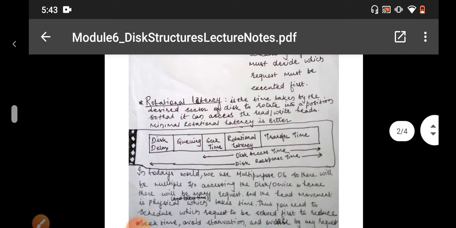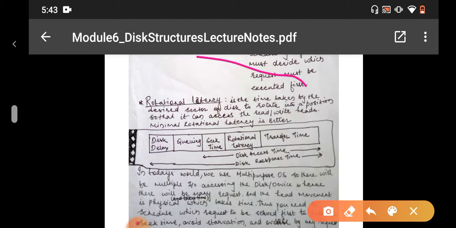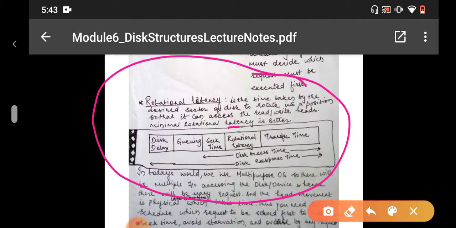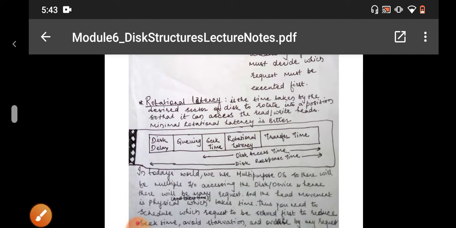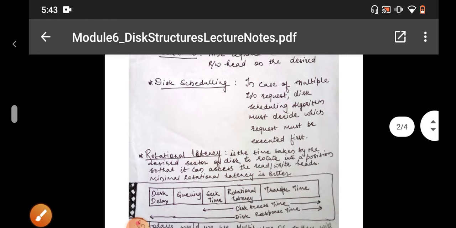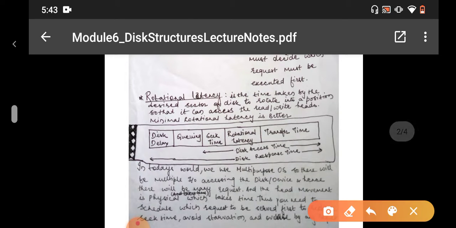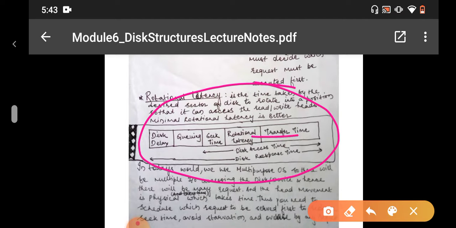Rotational latency. Now we have seen one thing: in this disk, the read write head moves in this way, and the disk moves rotationally. The disk rotates, and the read write head moves in this way.